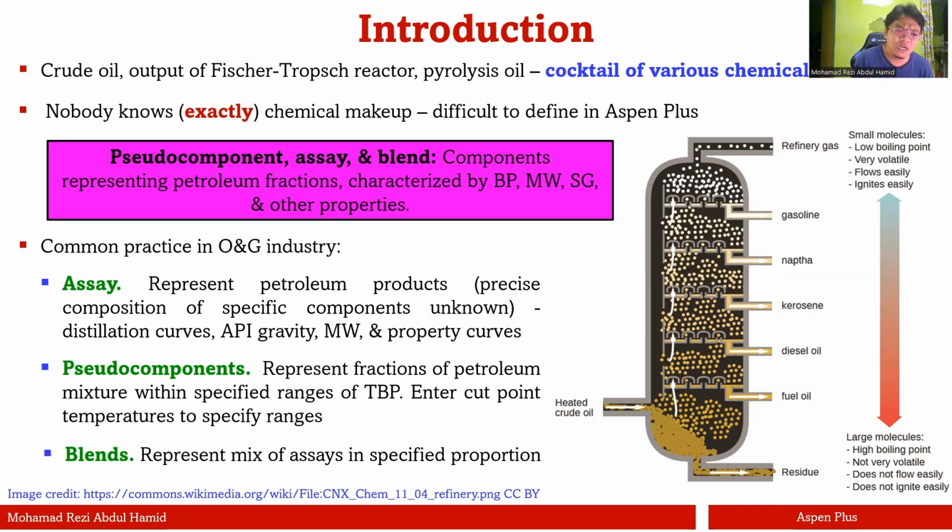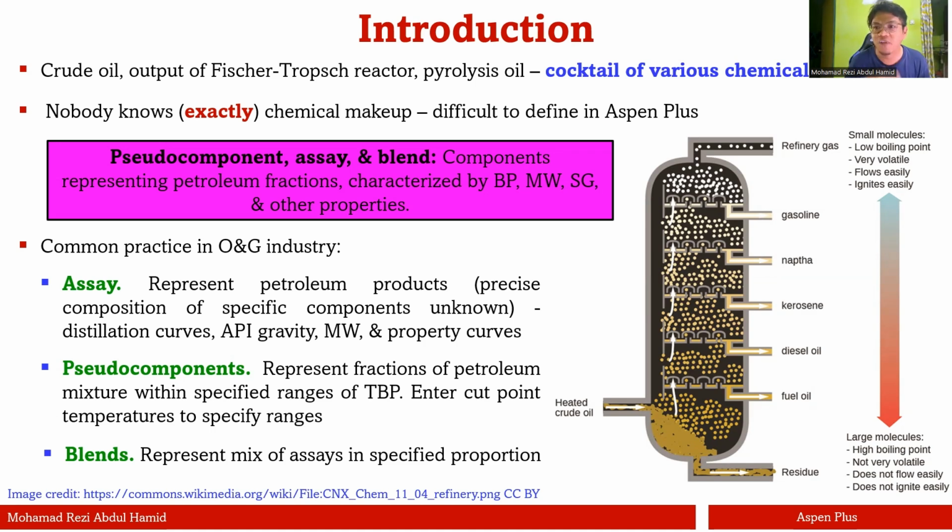The second type of component is a pseudo component that represents a fraction of petroleum mixture within a specified range of TBP. TBP is basically true boiling point. You can set a cut point to specify a range. Why this is important is because when you have a crude oil, you have a full range.